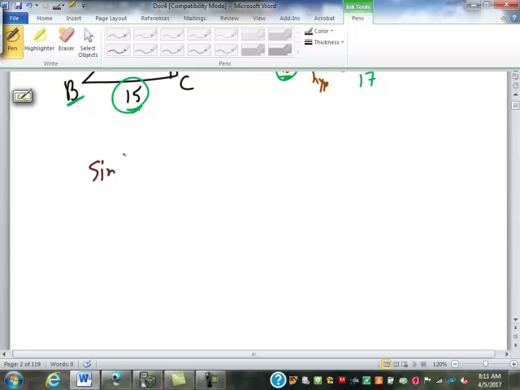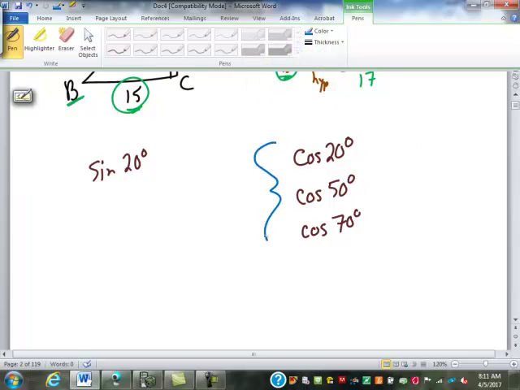So if I give you the sine of 20 degrees, of these three options over here, which one has to be equal to the sine of 20 degrees?